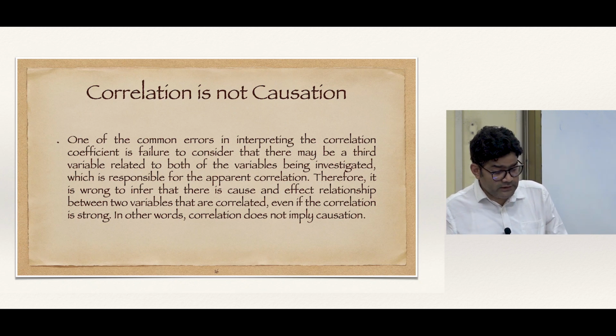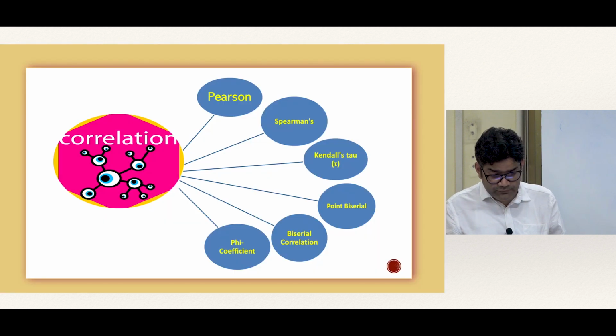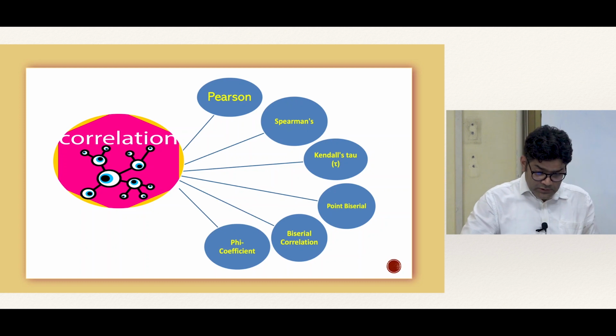If the relationship is very strong and you are able to control the confounding and interaction effects, then we can develop a deeper model, a mathematical model, to deal with things. Okay, so now coming to the correlation types.